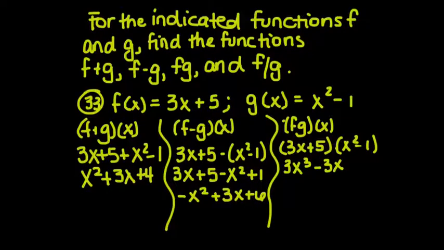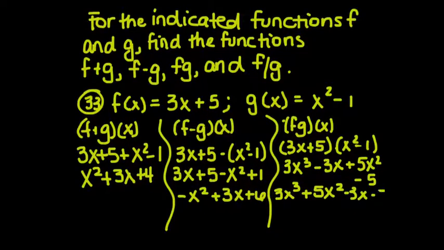Then I'll distribute the 5. 5 times x squared is plus 5x squared. And 5 times minus 1 is minus 5. If I put these in descending order, I have 3x cubed plus 5x squared minus 3x minus 5.